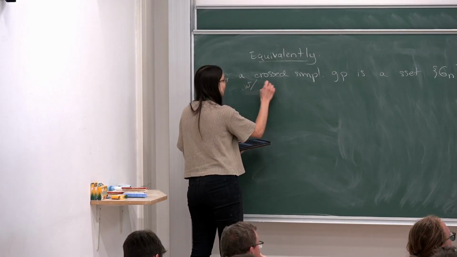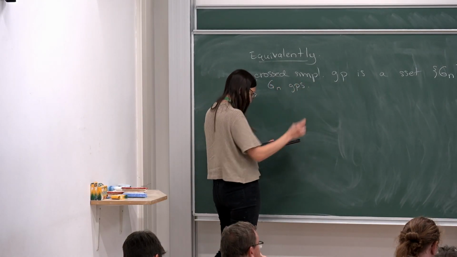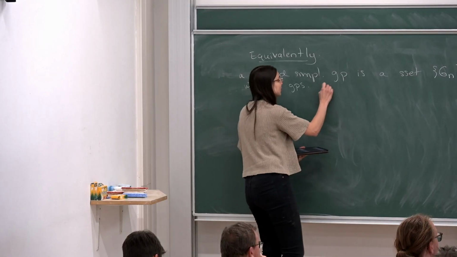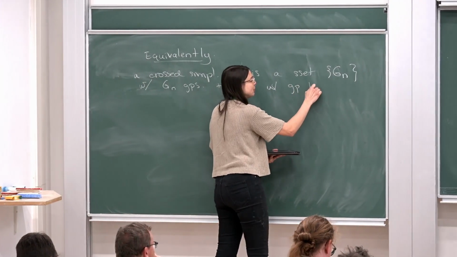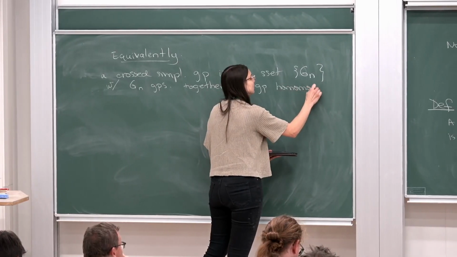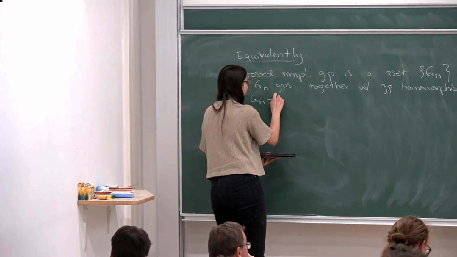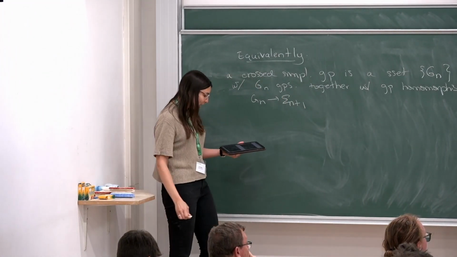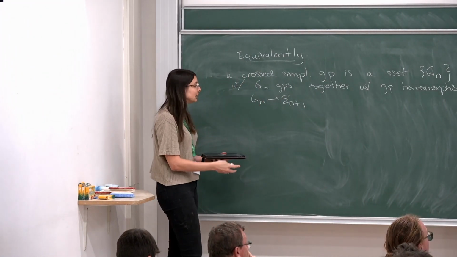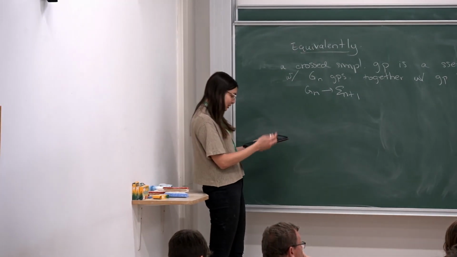So with all the Gn groups together, now we're going to impose some conditions. So together with group homomorphisms from Gn into sigma n plus 1, this is the automorphism of the set of n elements.